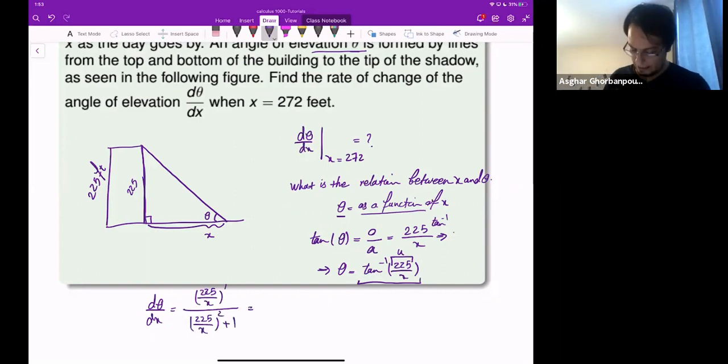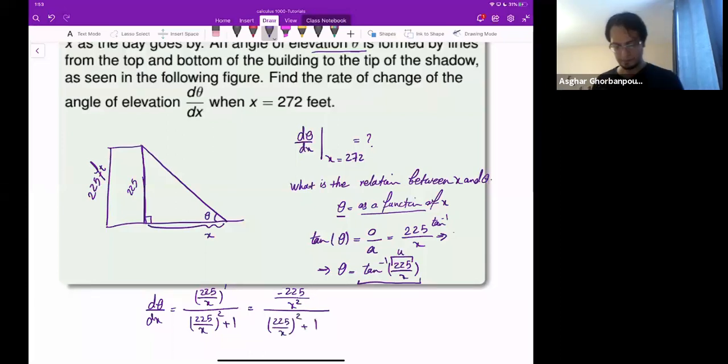When you try to find that, in the numerator you see that 225 is a number, and the derivative of 1 over x is negative 1 over x squared, then over (225 over x) squared plus 1.